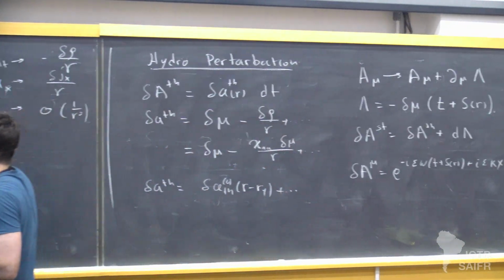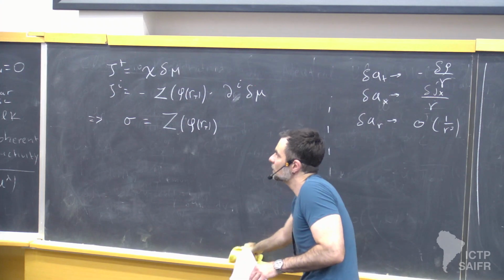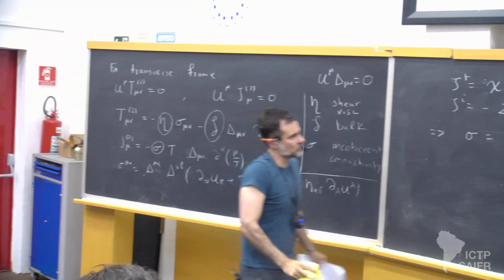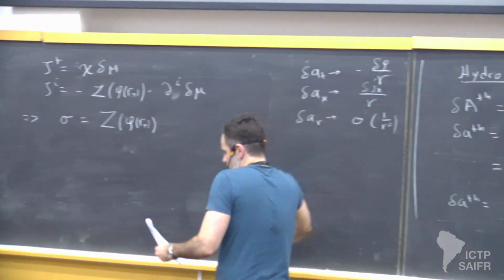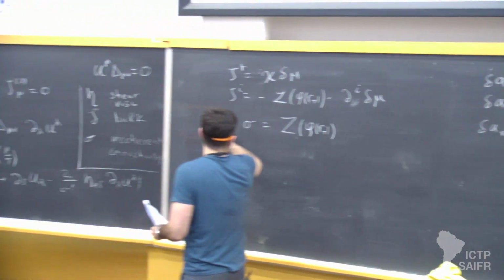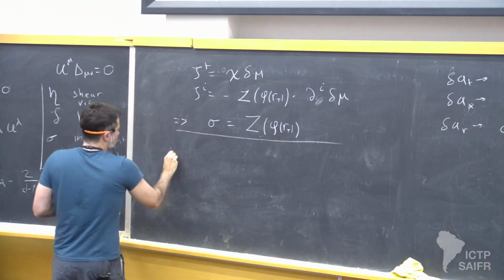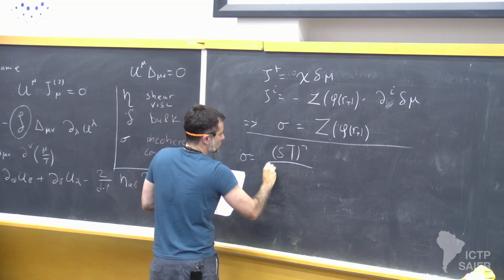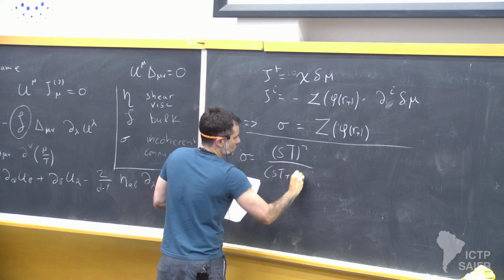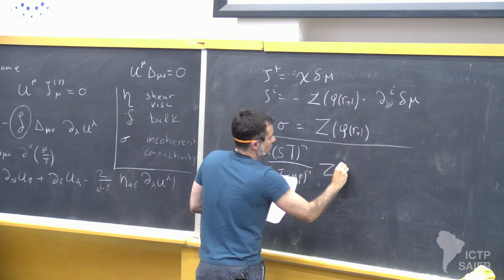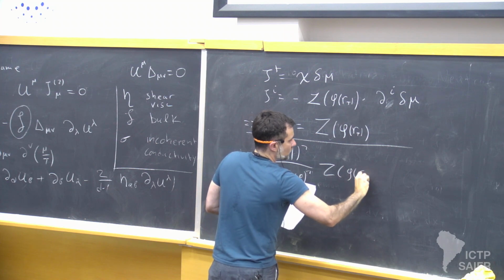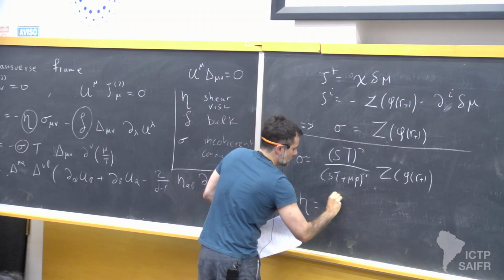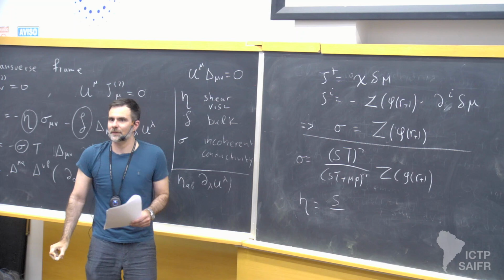Now, I discussed just sigma at zero chemical potential, but you can also do the same thing for the shear viscosity and the bulk viscosity, and you can write down some expressions. At non-zero chemical potential, sigma becomes s T, where s is the entropy density, squared, divided by sT plus mu rho, squared, times this function Z evaluated on the black hole horizon. For the shear viscosity, I guess you will hear more about that from Carlos Hoyos.